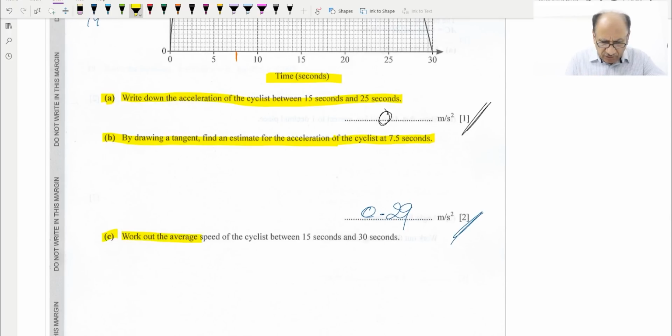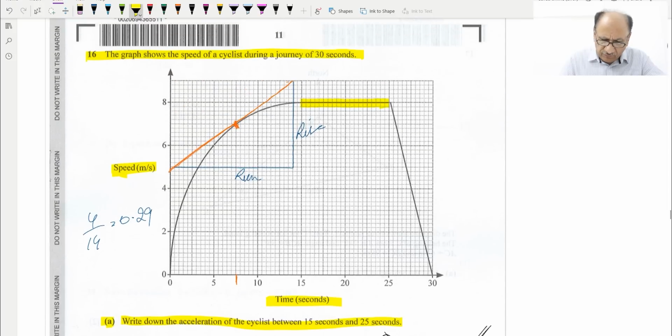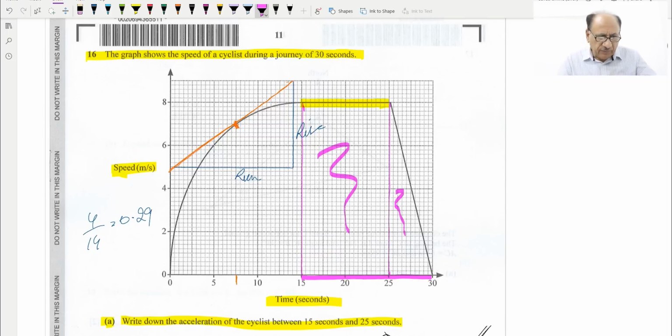Then C part, work out the average speed of the cyclist between 15 seconds and 30 seconds. So 15 and 30 will be this region. This area will be containing a rectangle and a triangle.